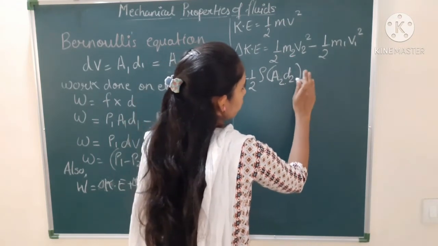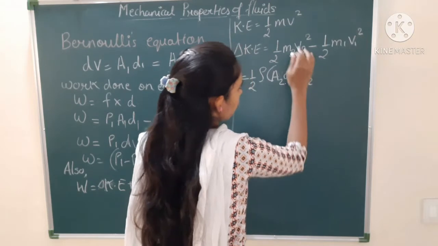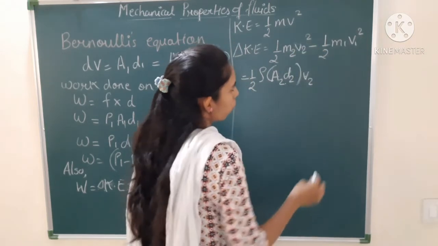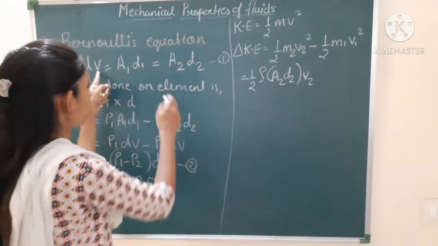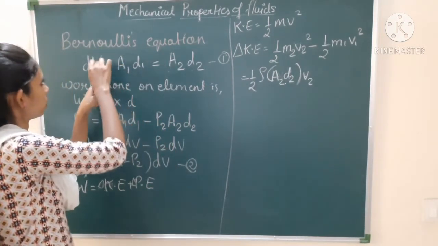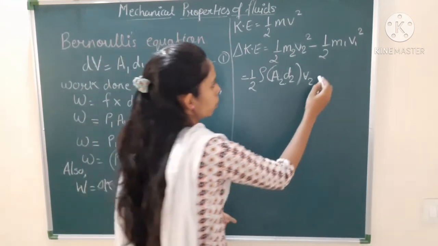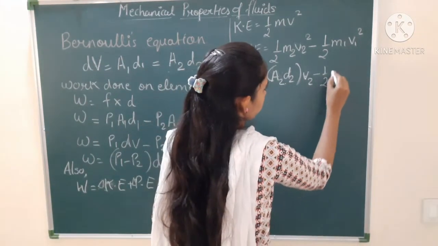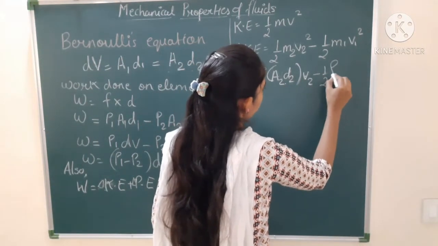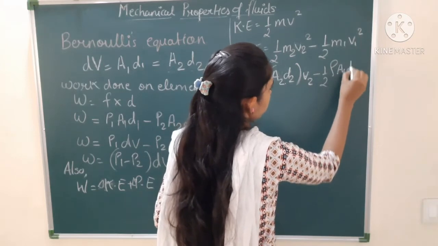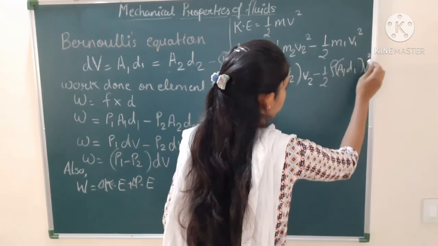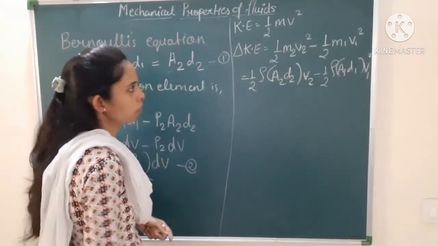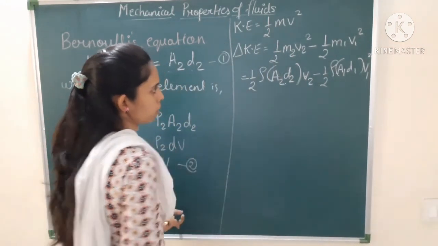Let me write the velocity in small letters, so that you can recognize it, because here we are going to use the volume, so volume will be capital V. Minus half rho (A1 d1) whole square v1 square. So this is the velocity.